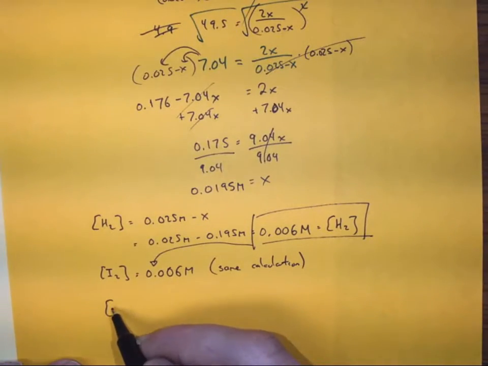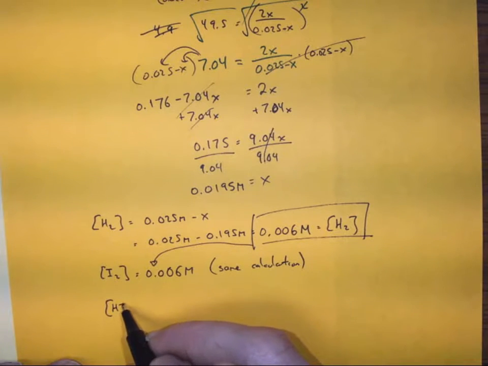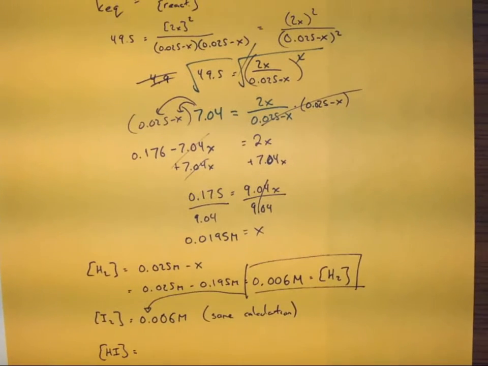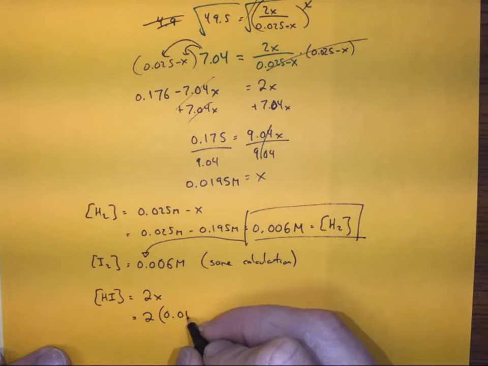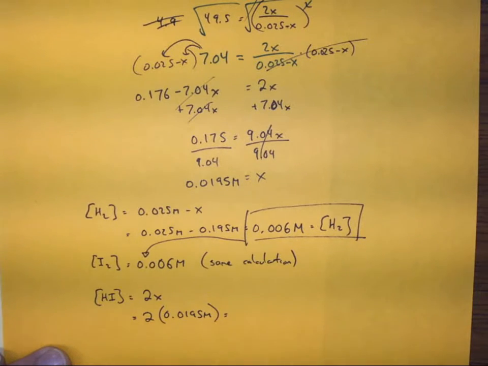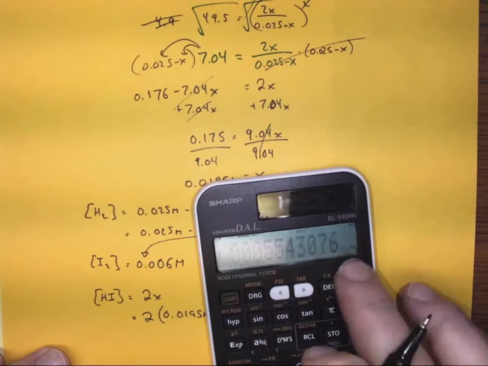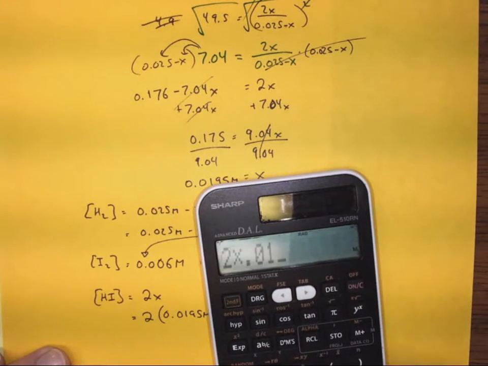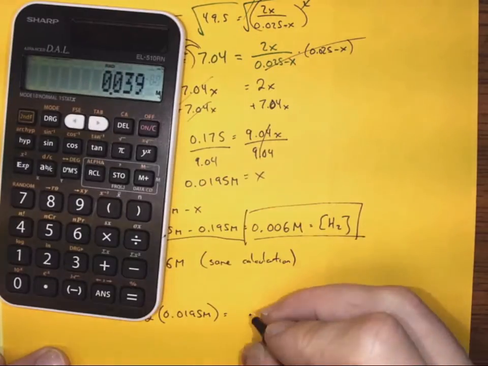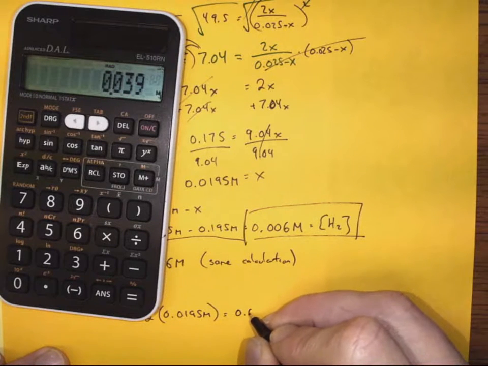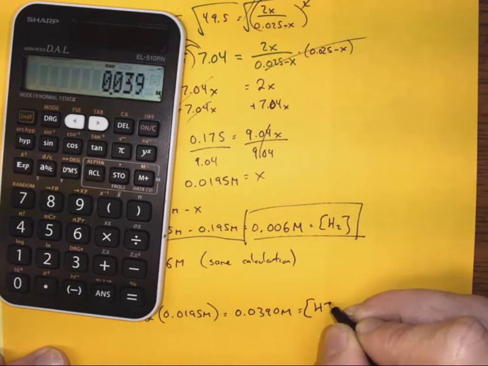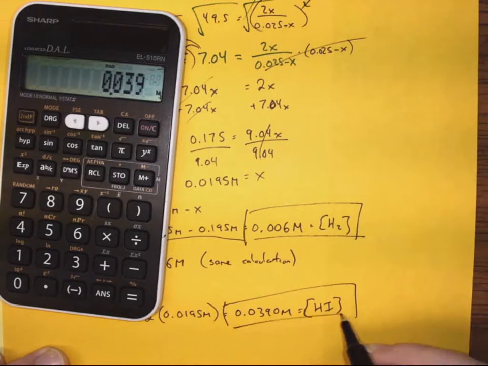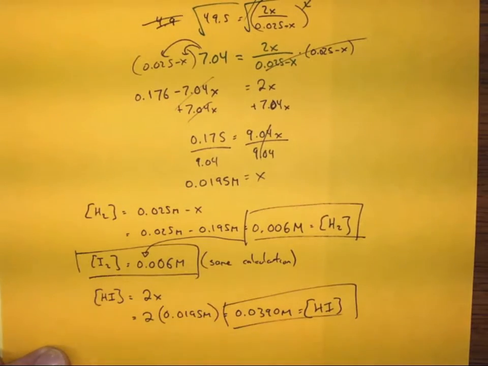Now the concentration of my iodic acid is 2 times x, which is 2 times 0.0195 molar, which is 0.0390. That's equal to my iodic acid concentration. Okay, and those are our 3 answers.